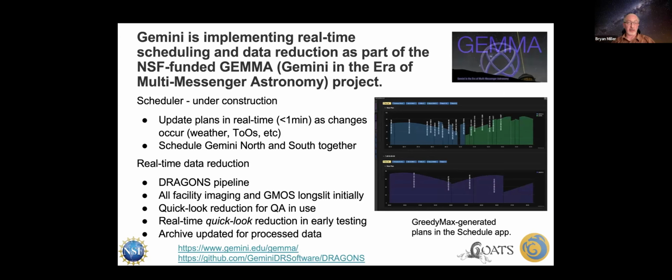It initially supports all facility imaging and long slit, GMOS long slit. We're using it at night for quality assessment, and real-time quick look reduction is in early testing. And the archive has been updated to handle processed data. And I have to mention, of course, that GOATS is now a really good platform for reducing your data as well with DRAGONS.